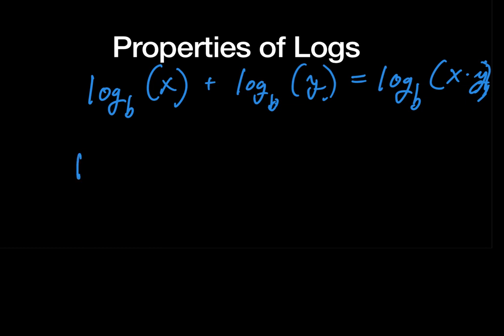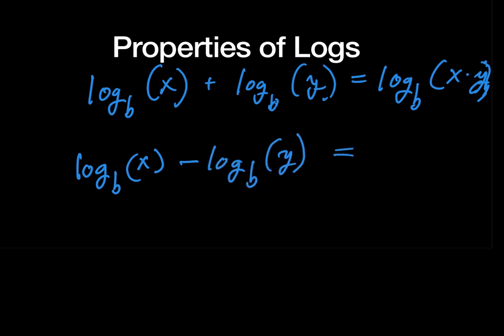If I have log base b of x minus log base b of y, can you guess what's going to happen? I'm subtracting, much like exponents, which means I'm going to have division. So it's going to be log base b of x over y. If I have a complex fraction, something in a numerator and denominator, I can actually split it up into two things that are no longer fractions as a logarithm. All right.